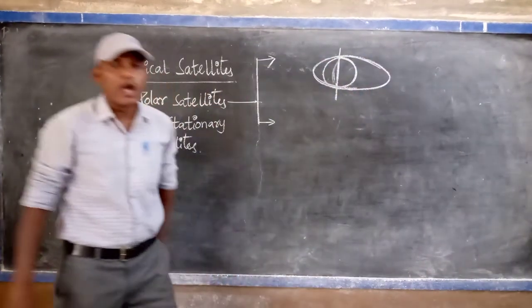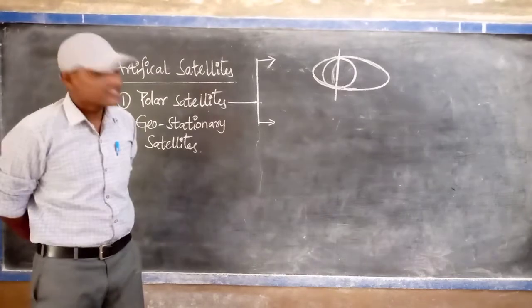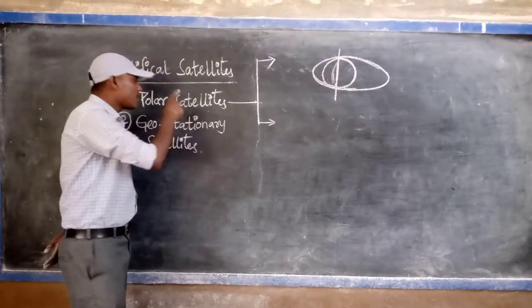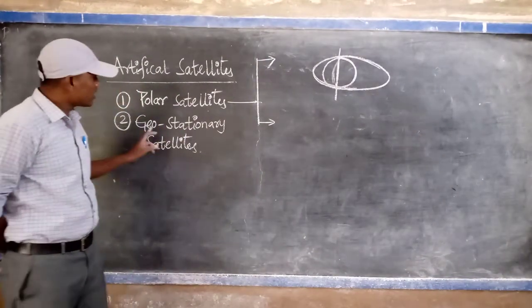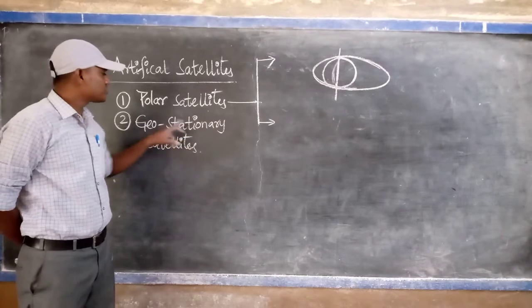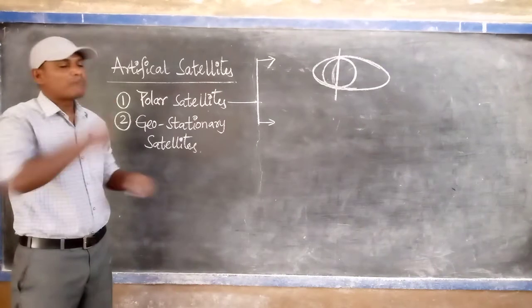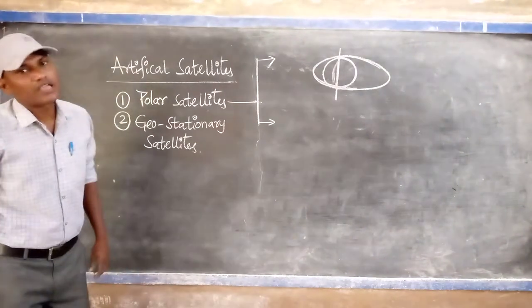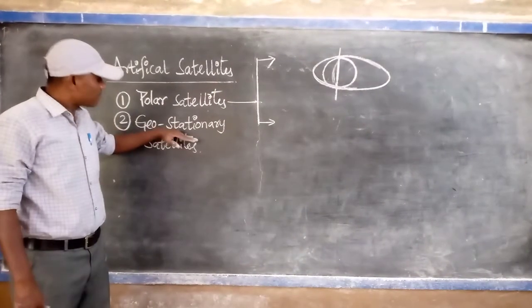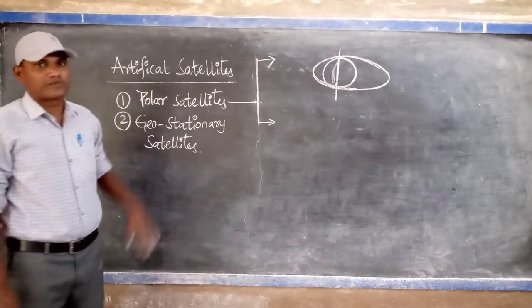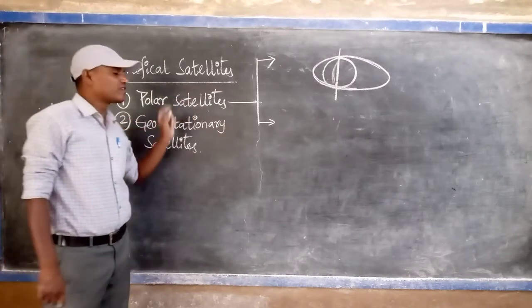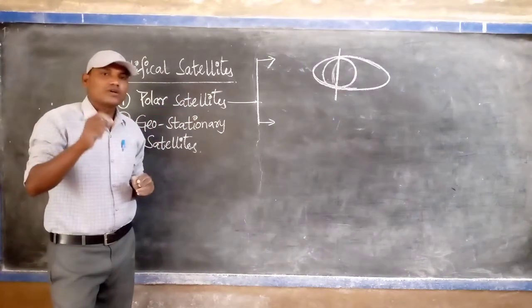In a perpendicular direction. Those satellites we call polar satellites. But what about the geostationary ones? Geostationary satellites revolve around the Earth parallel to the equatorial line, whereas polar is the perpendicular one. But another definition is there for this one.